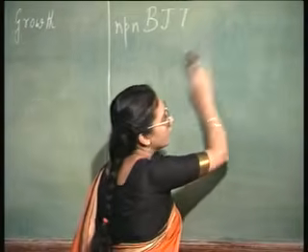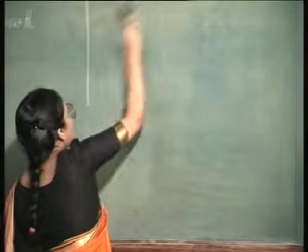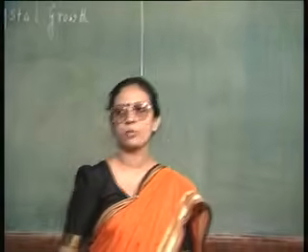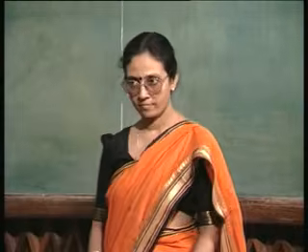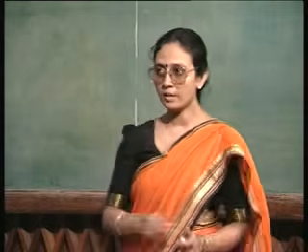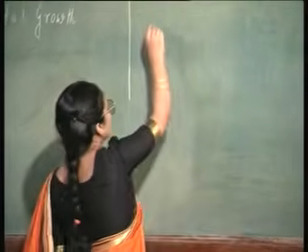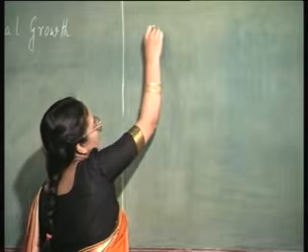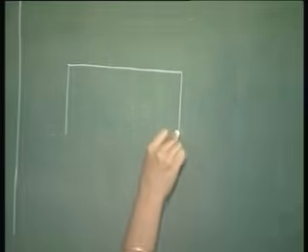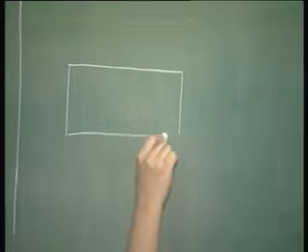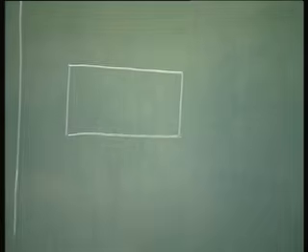If I now take a cross sectional view of this silicon wafer, it will look like a simple plain rectangle like this. Okay.